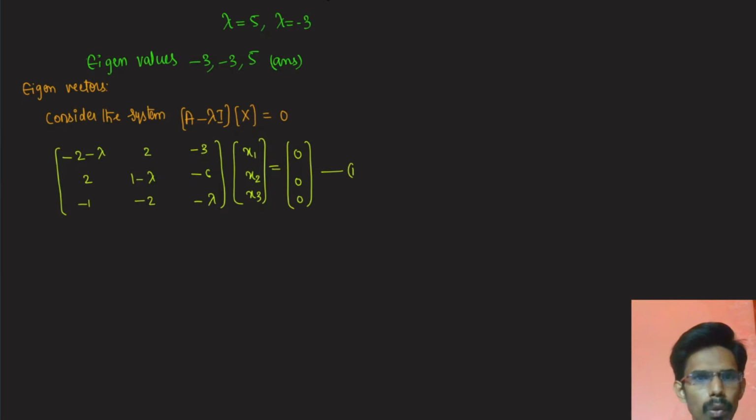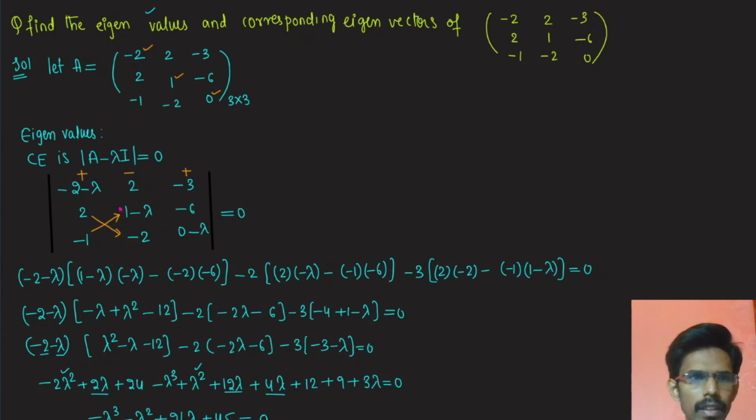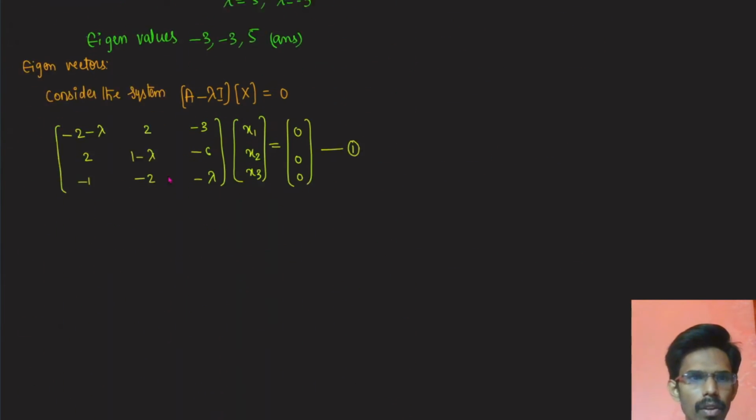Now take this as equation 1. This A minus lambda I can also be taken from this determinant. The elements inside this represent A minus lambda I only.